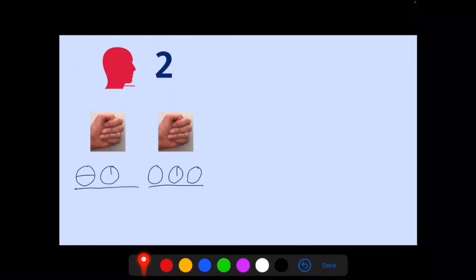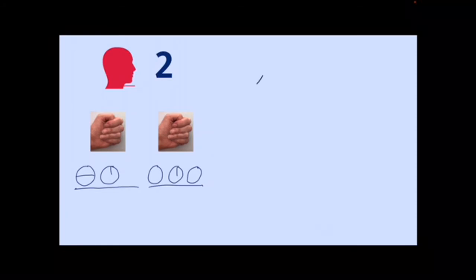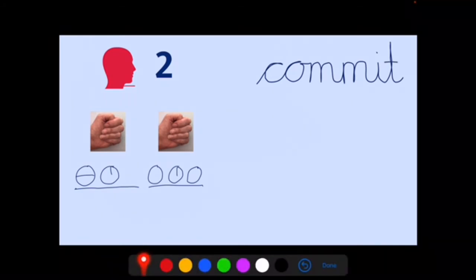First word is commit. Commit. We can only hear one T. We're going to write it with a double consonant. Commit. K is C again. And there's our double consonant, letting us know that the vowel sound here is short.